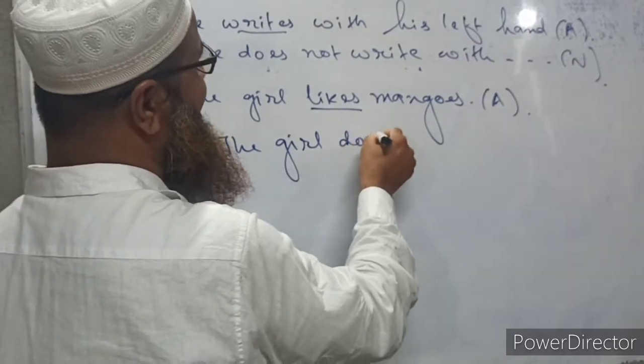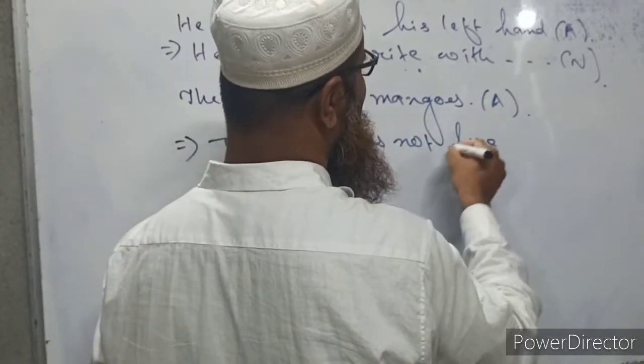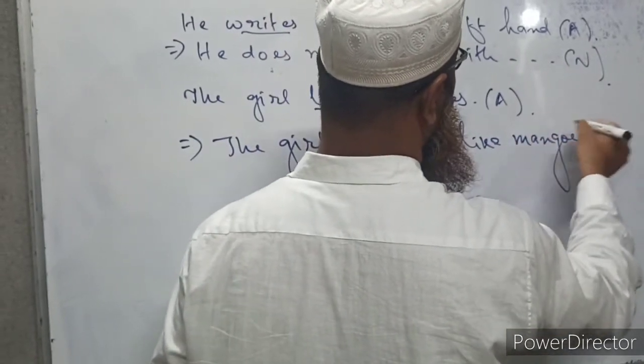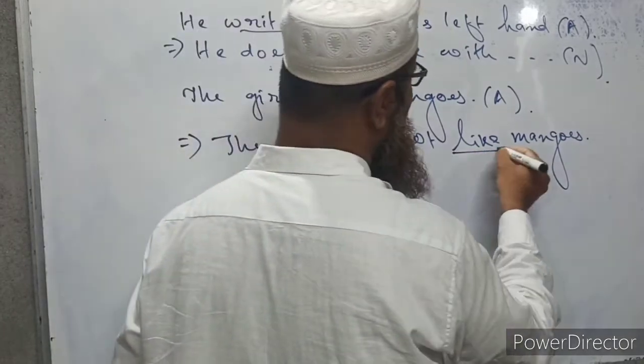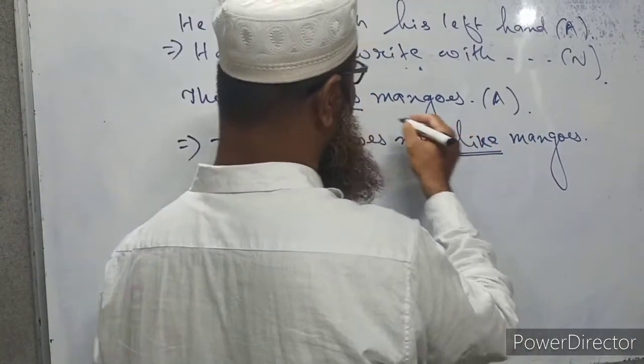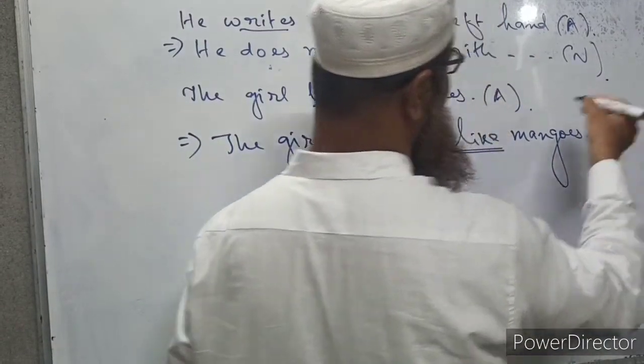The girl does not or doesn't like mangoes. And likes has become like. And we always have to remember this form of the verb, because it will never take s or es with it when we take the help of does. So it is in negative form.